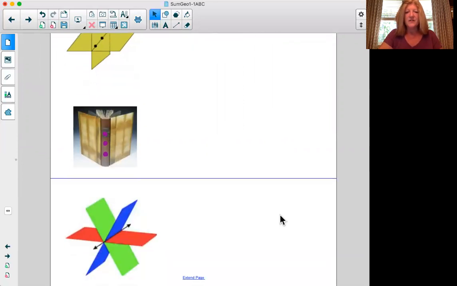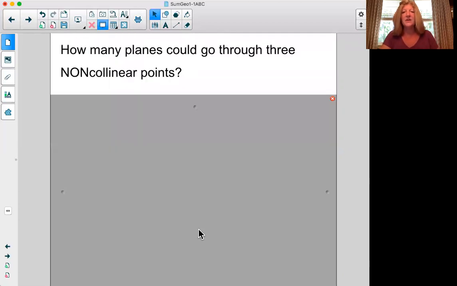If you think of 3 collinear points all sitting on this black line, the blue plane goes through those 3 collinear points, the green plane goes through those 3 collinear points, the red plane, and so many more. And so if those 3 points are collinear, they would never define a plane because there are infinite planes that could go through them.